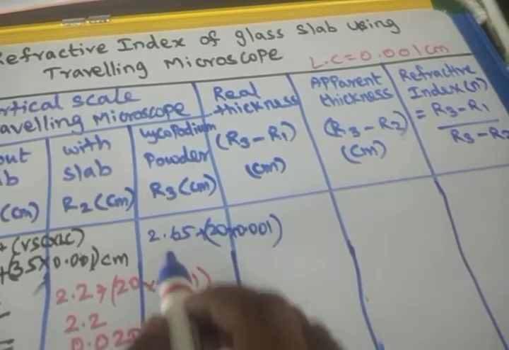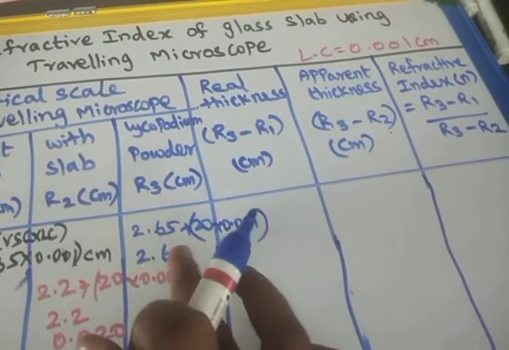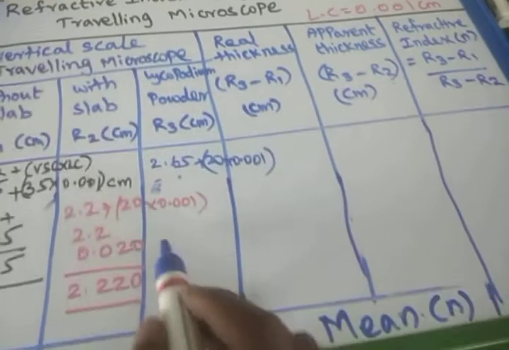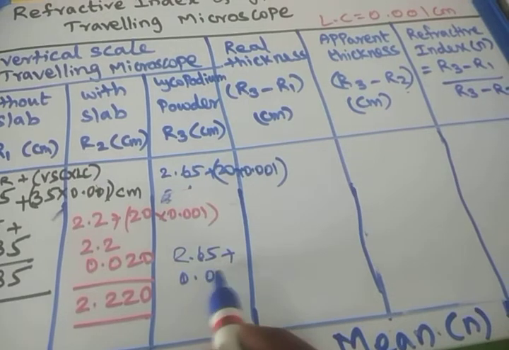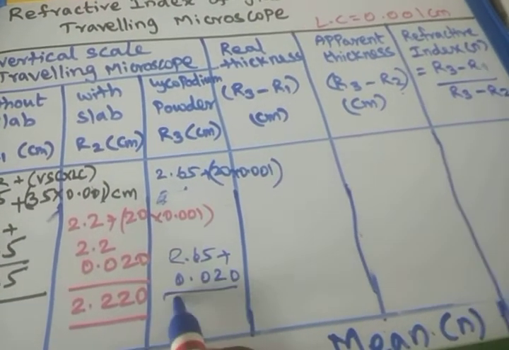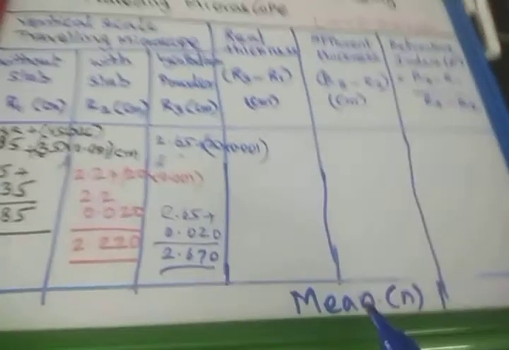Adding 2.65 plus 0.020, we get 2.670. That is the R3 value.